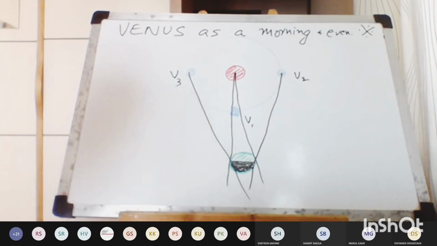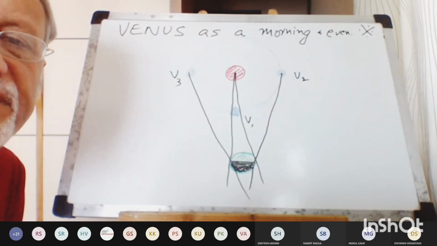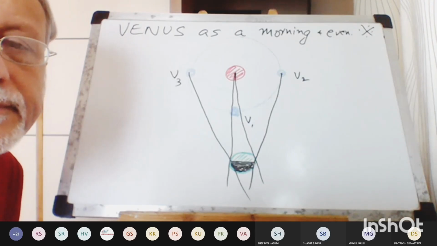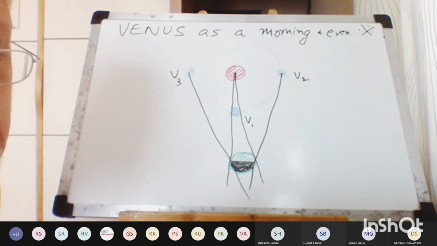When Venus is at V1, we say it is in conjunction with the sun. Am I right? They are in one line. The GHA will be the same. They are said to be in conjunction.